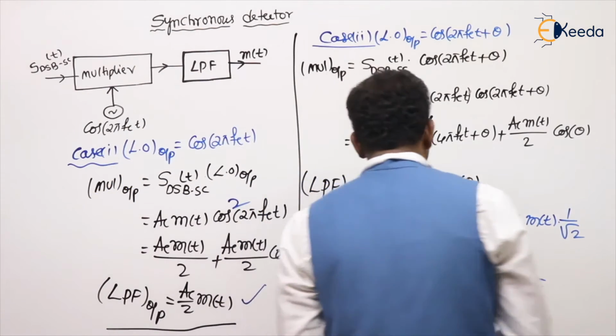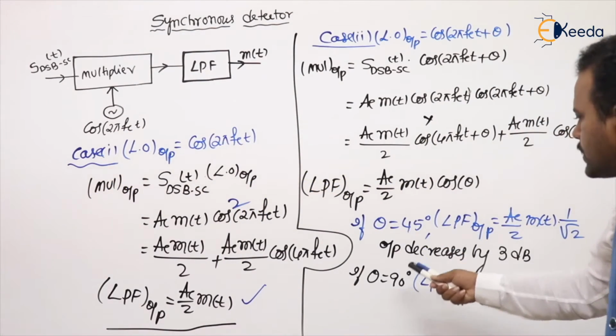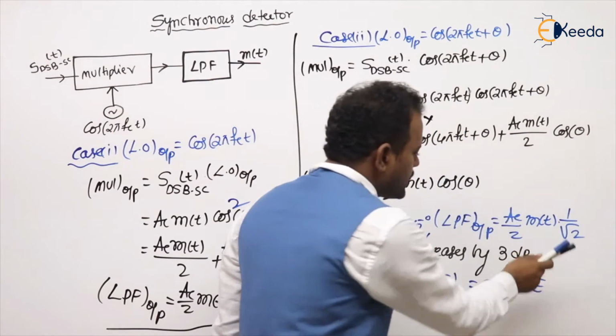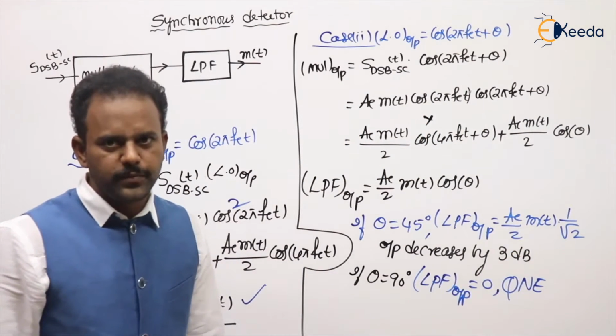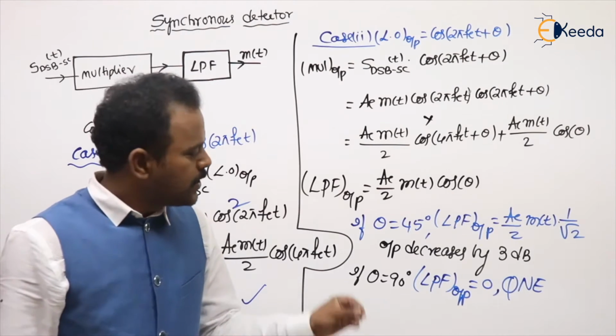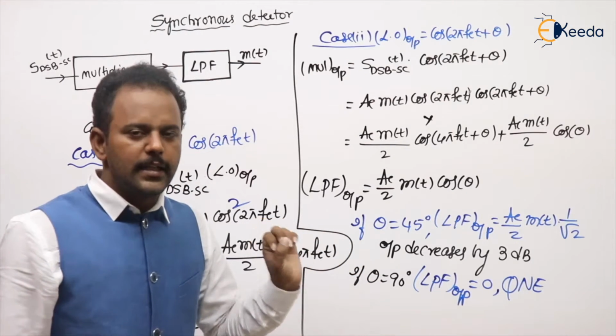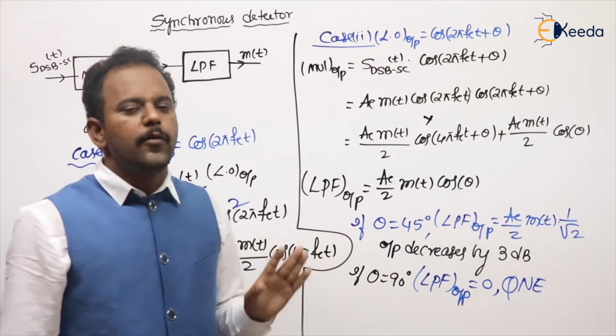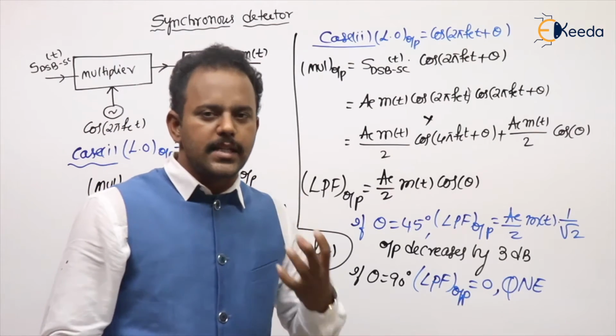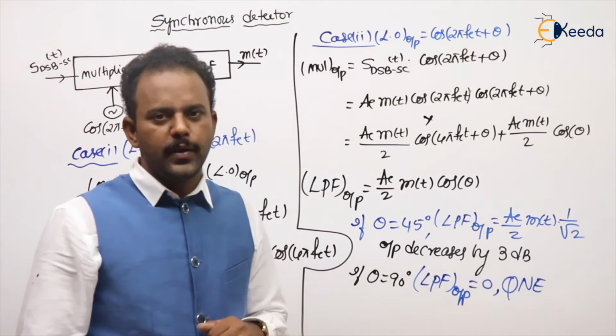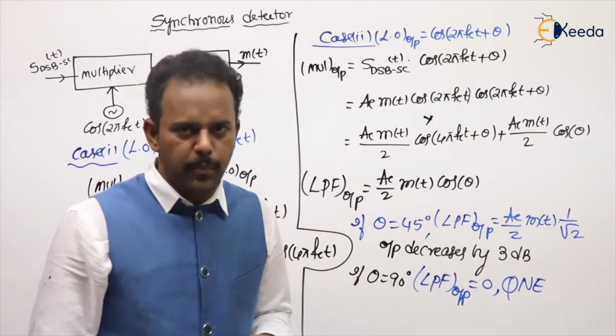If you have any phase difference, the output decreases or becomes 0. Do you understand my point or not? If you don't want that, then the phase difference we have to nullify. For that we use the Costas receiver or loop, which makes synchronous detection complex.